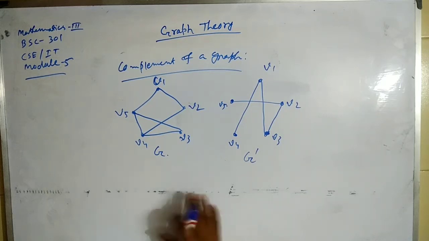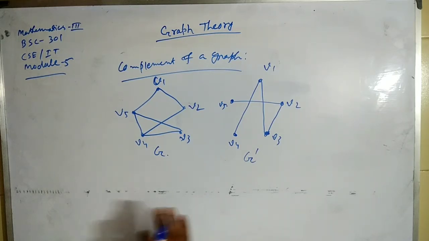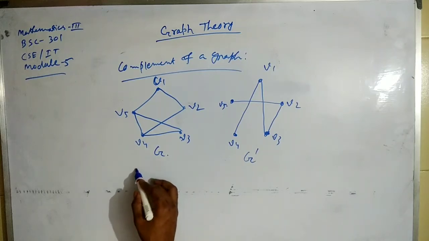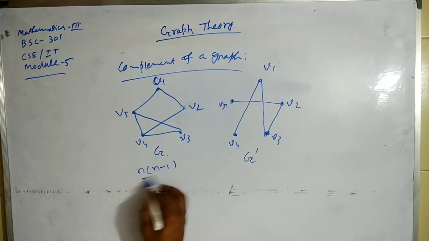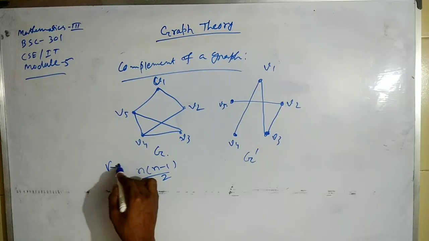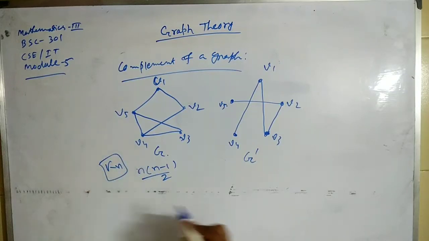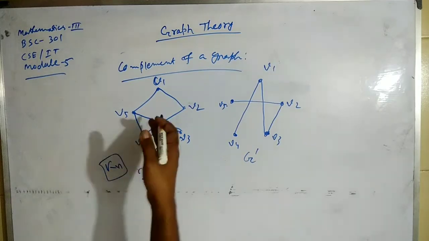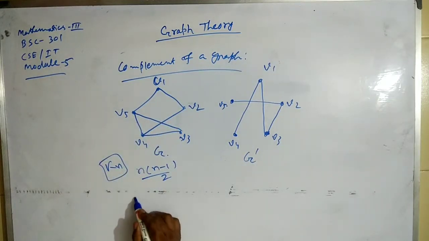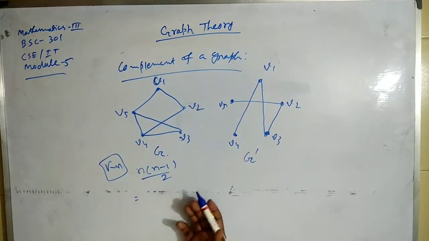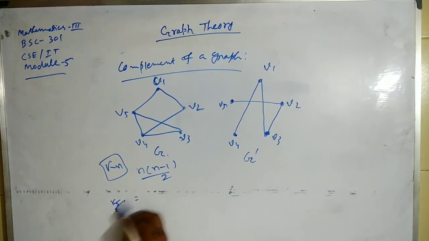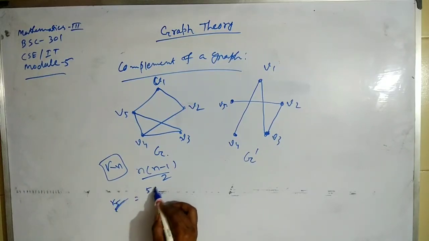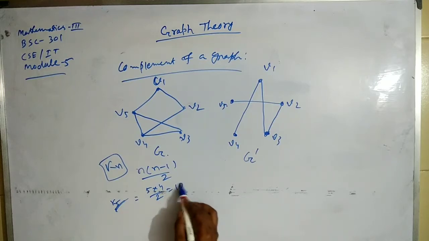But for this definition, I will tell you that in a complete graph K_n, that is a complete graph with n vertices, the number of edges is n into n minus 1 by 2. Here there are 5 vertices, so the number of edges in K5 will be 5 into 4 by 2, which is equal to 10.